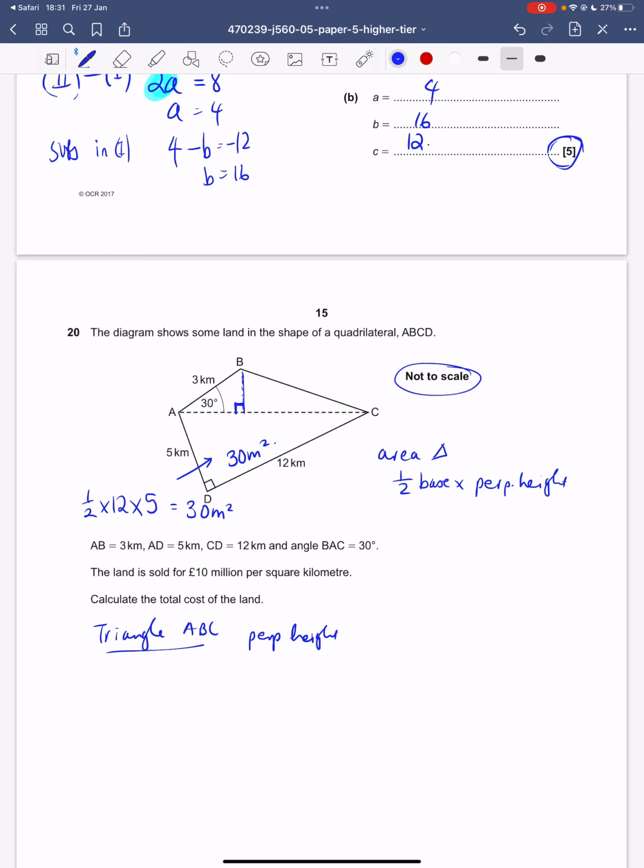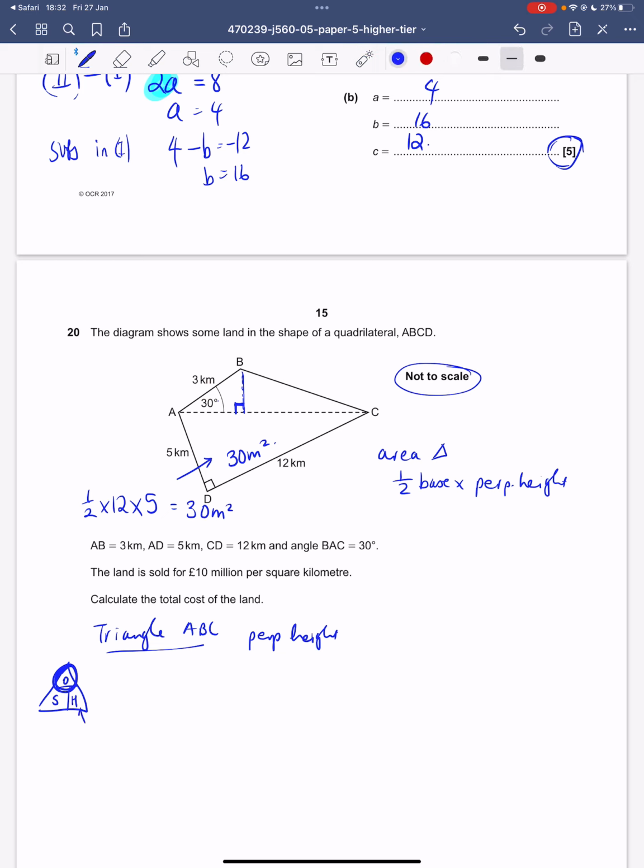This is opposite the 30. So we want the opposite. It's sine 30 times the hypotenuse, which is 3.